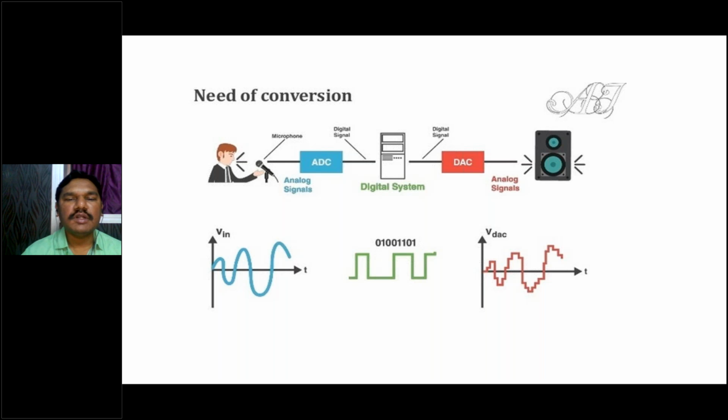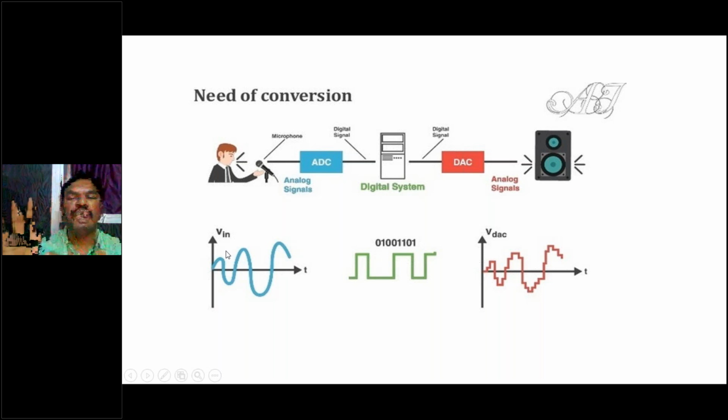So we know that bytes are called digital. Now after that, whenever you want to listen, the media player will show our image and our sound signal.